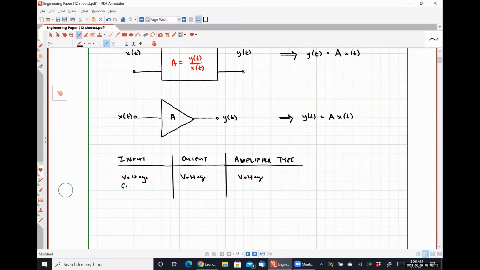Similarly, we can take an input current signal, amplify it to generate an output current signal, and in this case, we have a current amplifier. We could take an input voltage signal, amplify it, and convert it into an output current signal, and this would be what's called a transconductance amplifier.